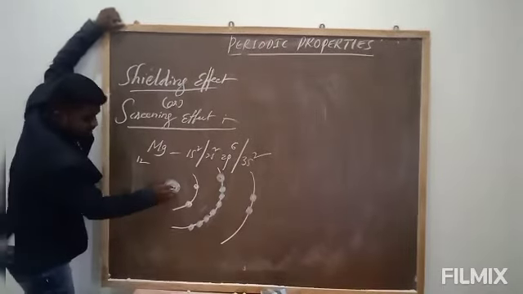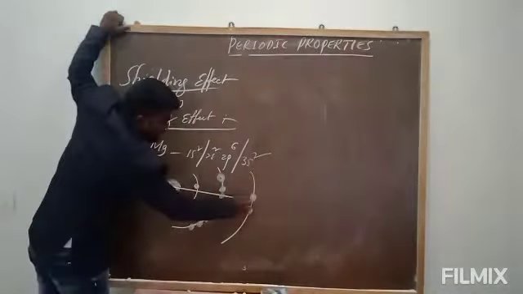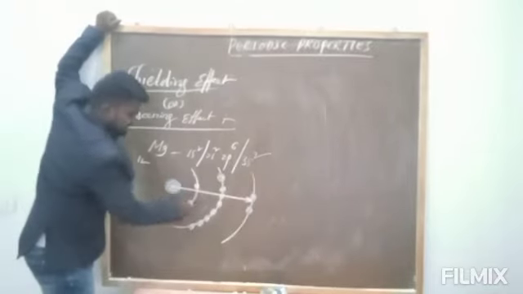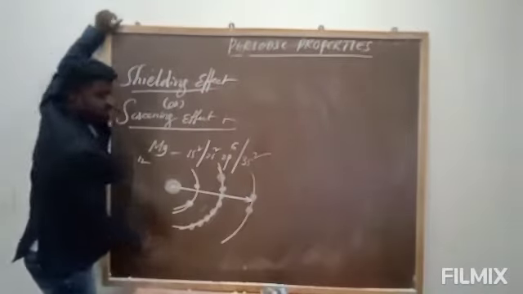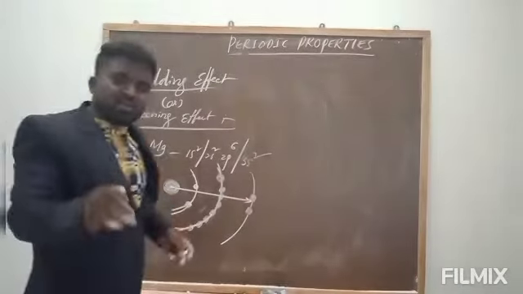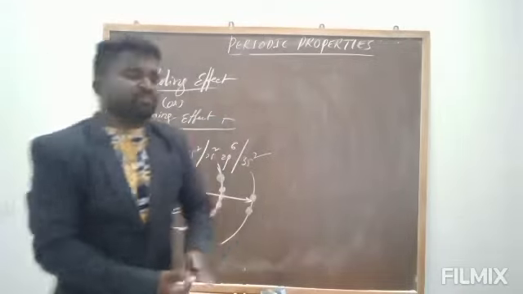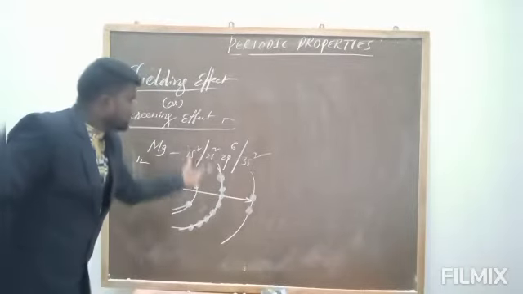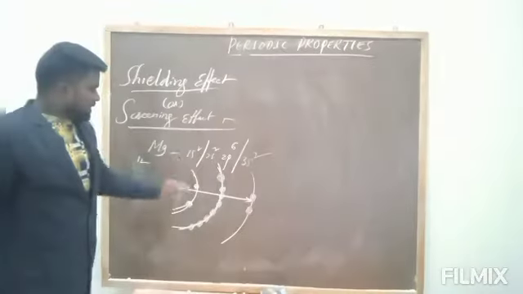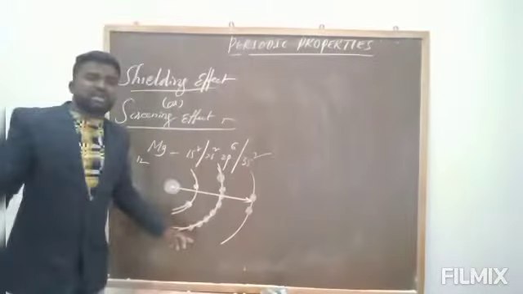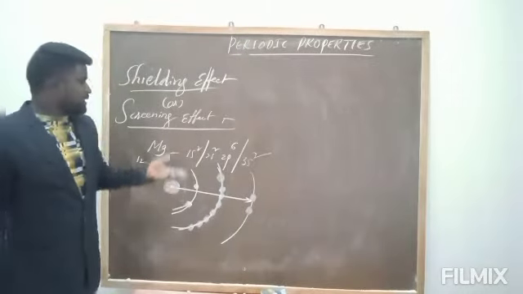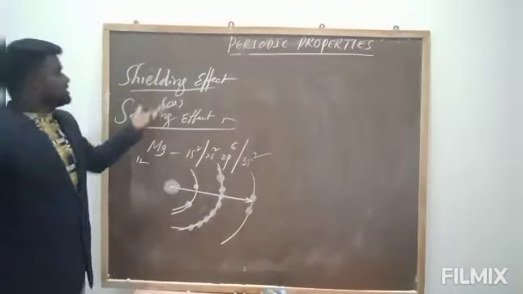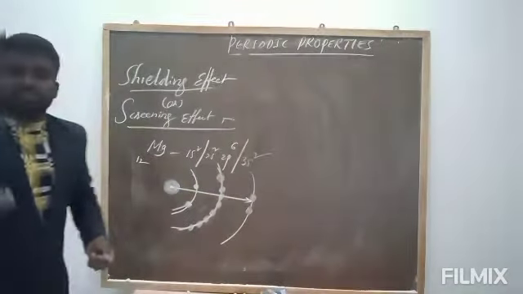Now when this nucleus attracts the valence electrons, at that time these inner shells try to reduce the attraction between the nucleus and the valence shell. This is the shielding effect. Here these inner shells act as screens. That's why this effect is known as screening effect. So this is the shielding effect, a simple thing.